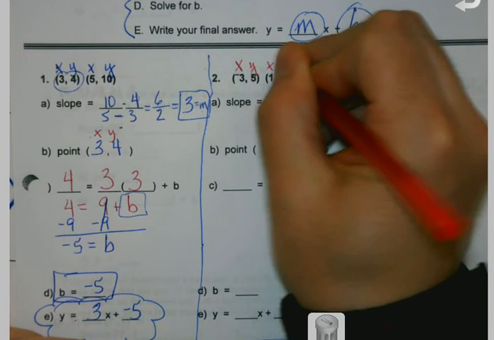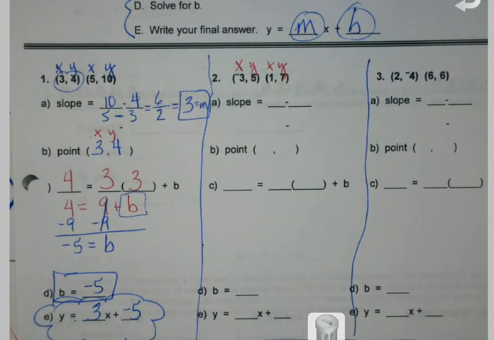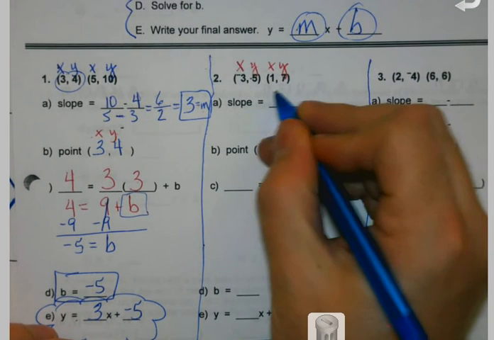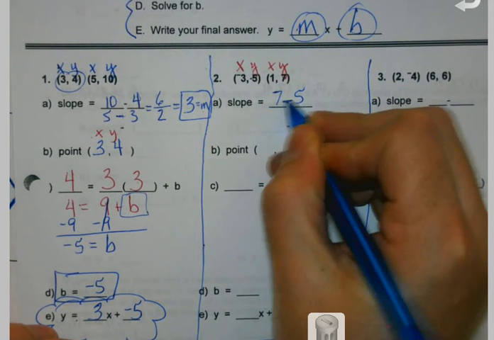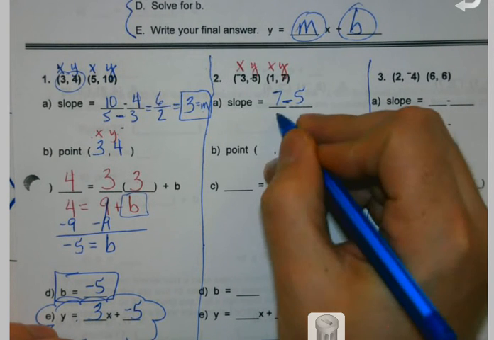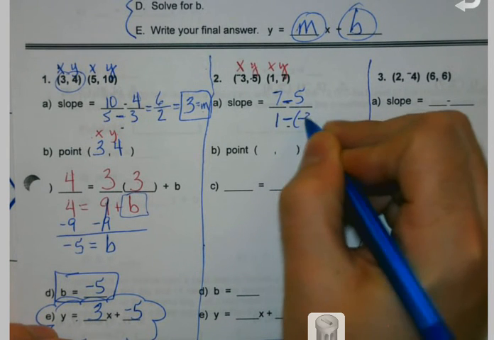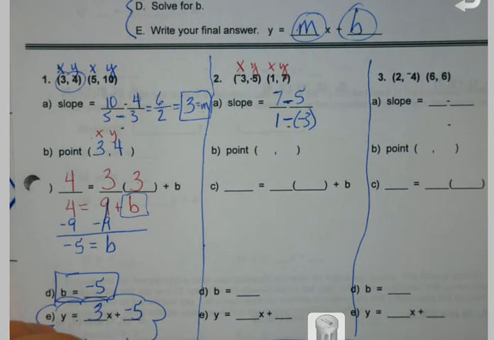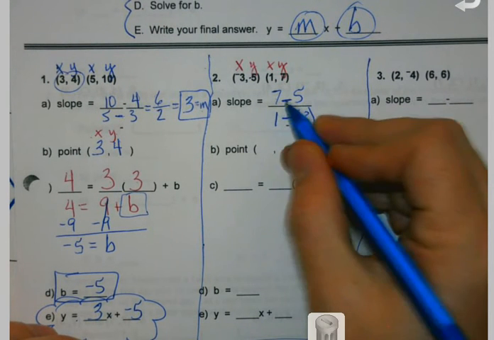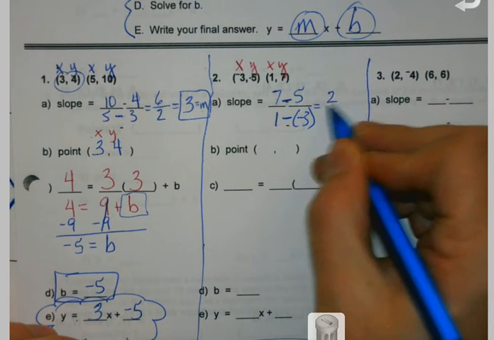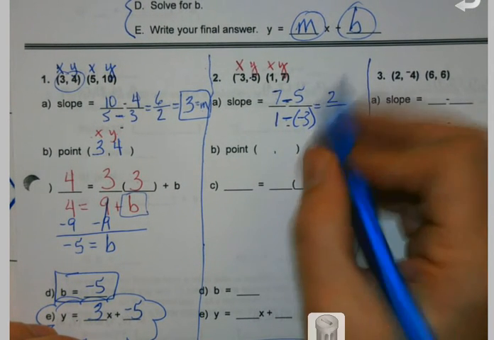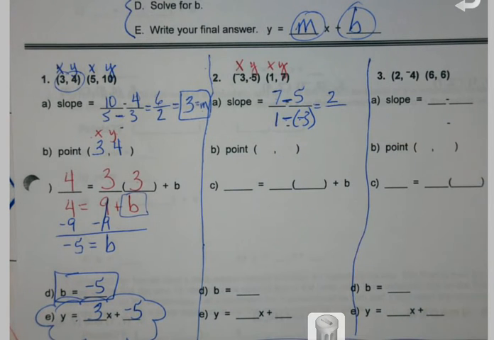So, let me get this one set up. Again, I'm going to take my y's, 7 minus 5. I'm going to take my x's, 1 minus negative 3. So 7 minus 5 is 2. 1 minus negative 3. What happens when I minus a negative again?